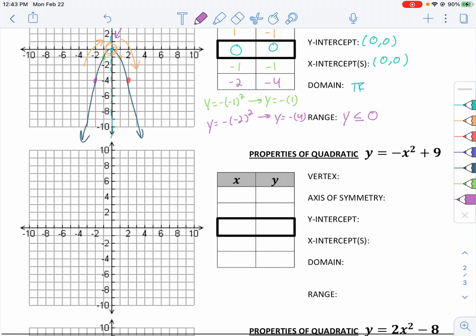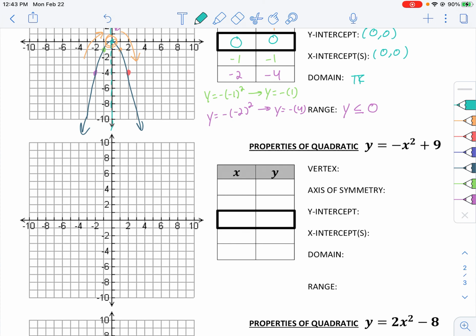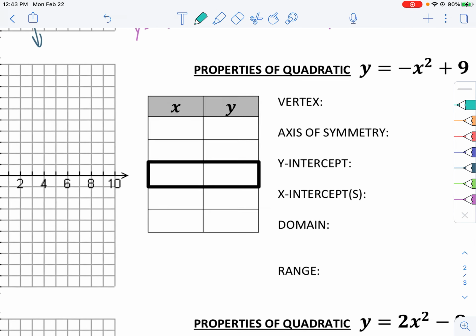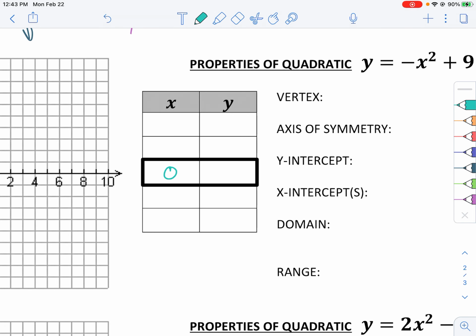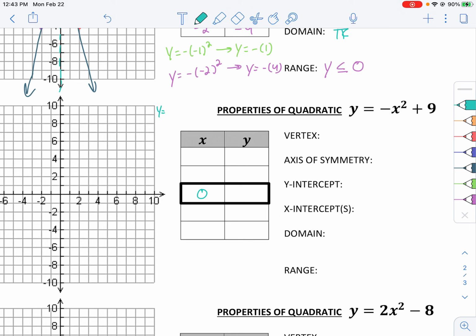Alrighty, next example. So negative x squared plus 9. Again, always start with 0, so plug 0 in first. We go y equals negative 0 squared plus 9, so that's y equals 0 plus 9, so that's y equals 9.